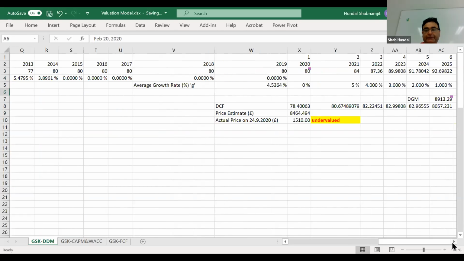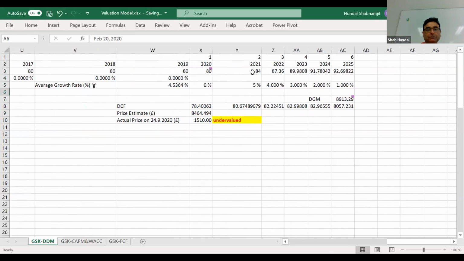And once you have this dividend growth rate, then we start using the discounted cash flow method.